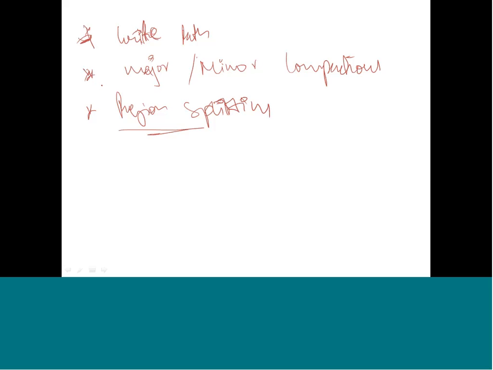Mem stores are kept at 40% of the JVM heap size, and block caches, if you don't change any of this, are kept at 30% of the total JVM heap size. Okay? Any questions on this one?